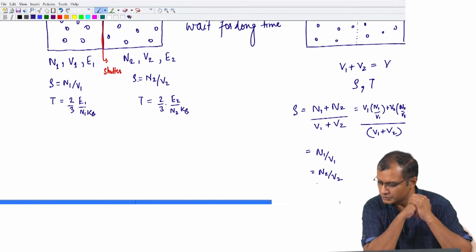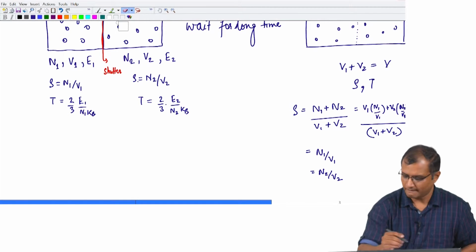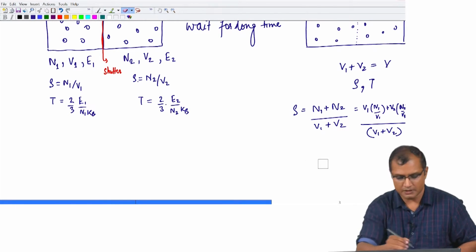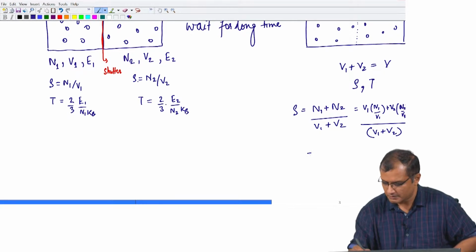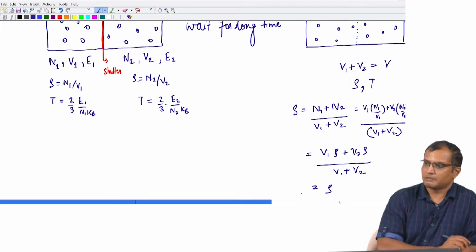Okay. So, you can see the right hand side. You can take V1 into rho plus V2 into rho divided by V1 plus V2, which is just rho.